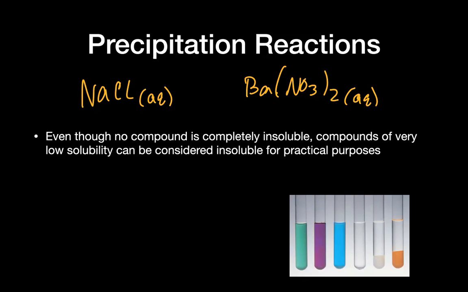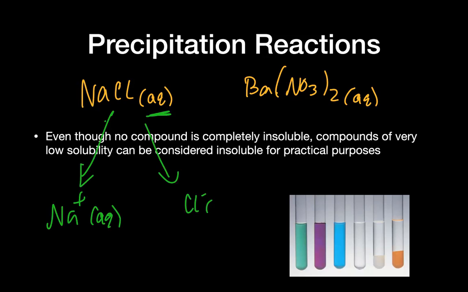It indicates that you're really talking about these ions in a solution. You're not talking about NaCl anymore. You're talking about sodium ions and chloride ions in a solution. Same with barium and nitrate.